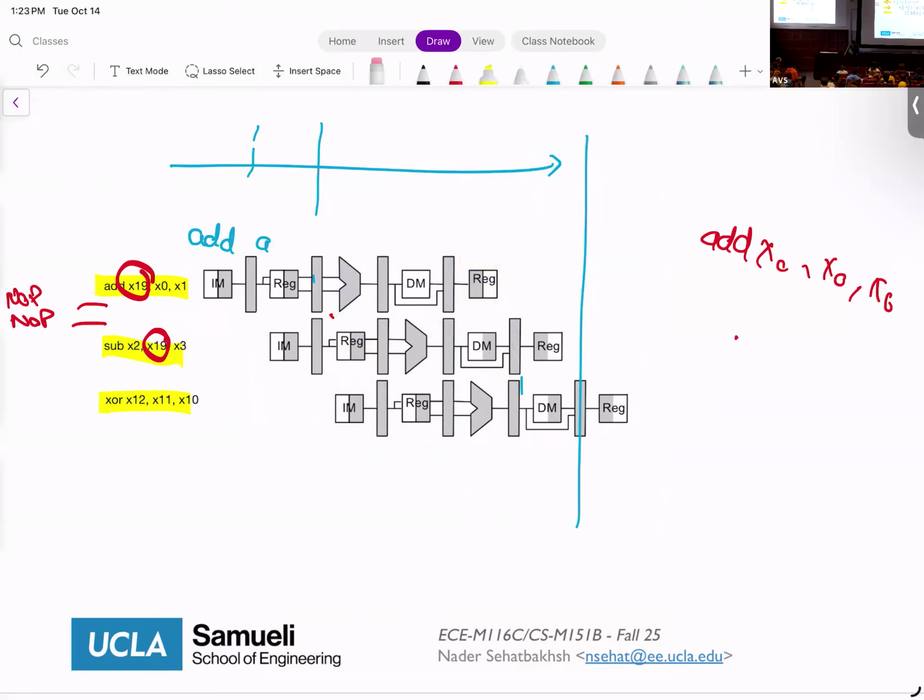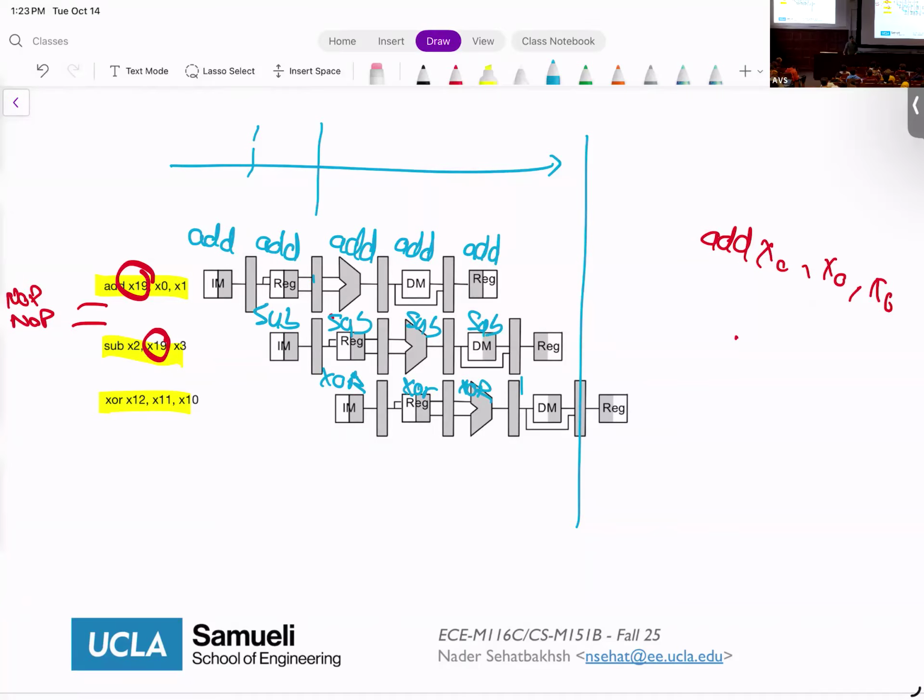Your add goes here, your sub comes, your add goes here, your sub comes here, your XOR comes here. In the next cycle, what would have happened is add, sub, XOR, right?